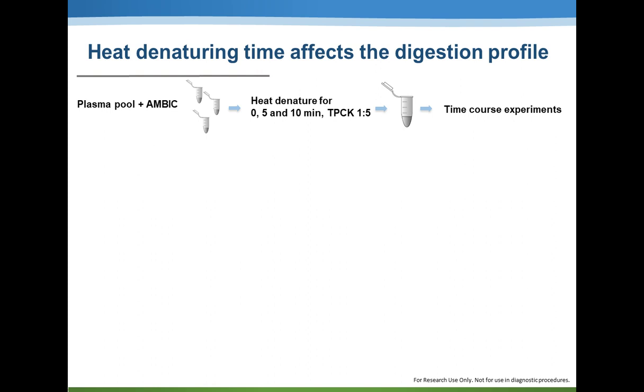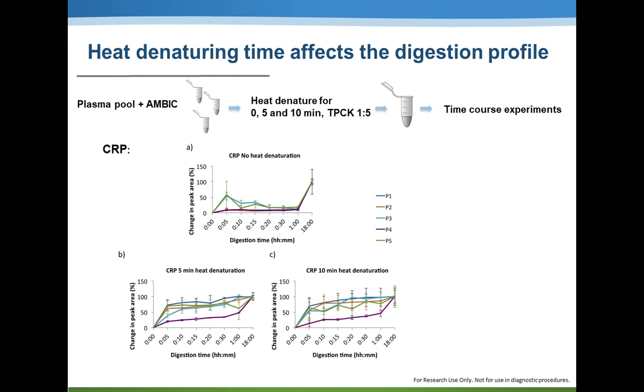So the next question is heat denaturation time. Can it be shortened as well? Here we tested 3 denaturation times: 0 minutes, meaning no denaturation, 5 minutes, and 10 minutes, and examined the digestion profiles. Taking CRP, for example, with no heat denaturation, not many peptides are formed before 1 hour.